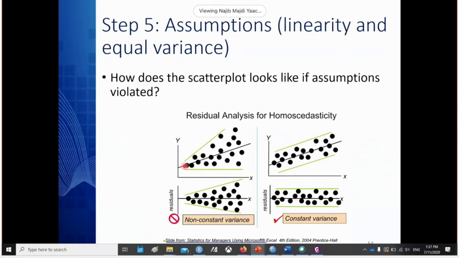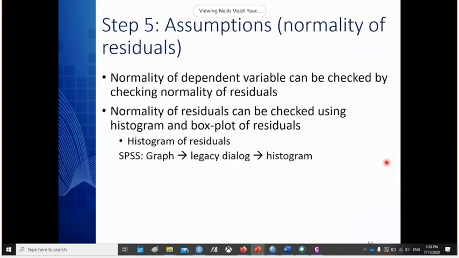But if your data has non-equal variance, your XPYR will also indicate non-equal variance, with increasing residual with increase of x. So if your XPYR scatter plot shows this kind of shape, it suggests that the variance is not equal throughout the values of x.